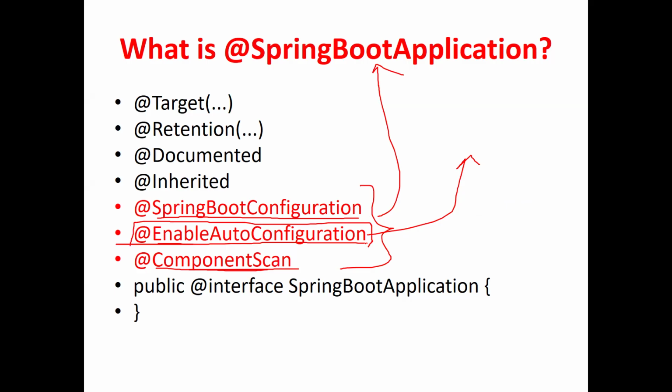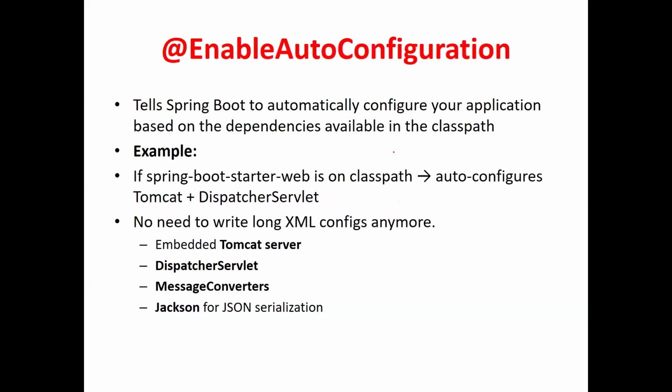Based on your class path, it will identify, okay, you added a web dependency, so I will take care of everything, and configure things specific to Tomcat. Earlier, if you were not doing this, the dispatcher servlet we needed to configure in the old style. Now whenever this dependency is on the class path, it will auto configure the Tomcat and dispatcher servlet.